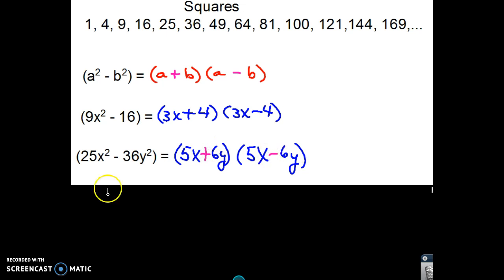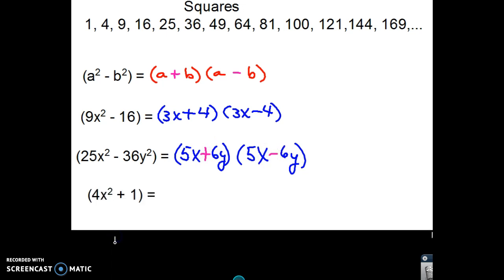Great. Now we get to this one here. Do you know the square root of 4? Hopefully you do. How about the x squared? Certainly. The square root of 1 is 1. But here's the big kicker right here. This guy is a plus.